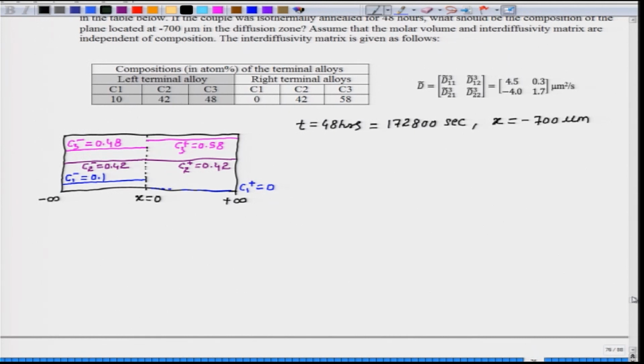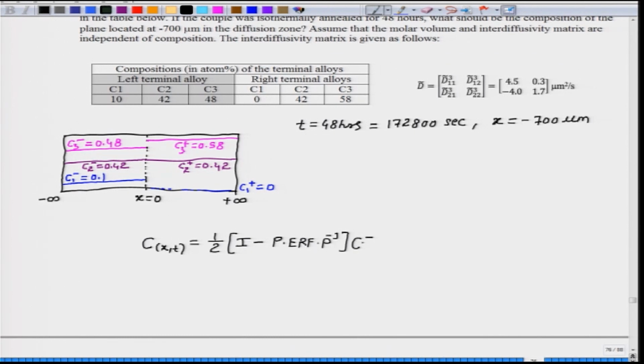As we have derived the solution, this is in the matrix form, and we can write C at x and t, where C is a column matrix. Since there are 2 independent concentrations, it is a 2 by 1 column matrix. So, it will contain the terms C 1 and C 2, since we have interdiffusivities with component 3 as dependent, right. The superscript denotes the dependent component. This should be 1/2 (I minus P times ERF times P inverse) C minus.